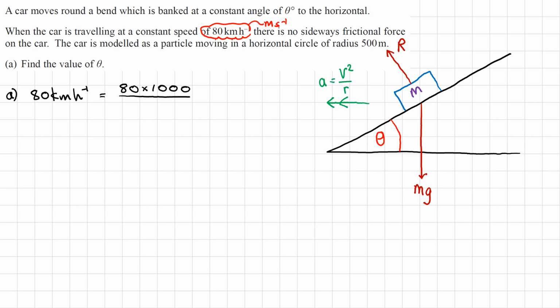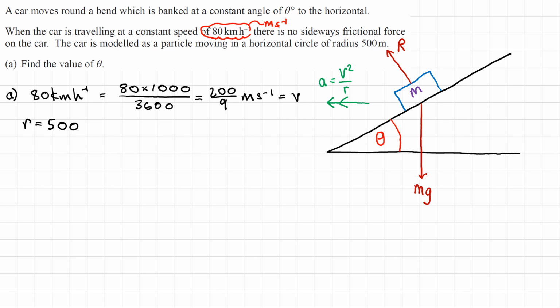I want to know how many meters in a second. So I need to divide by 3,600. And that gives me 200 over 9. I'm not going to round it because I'll need to use this in subsequent working. So 200 over 9 meters per second. So that's going to be my value of v. r is going to be the radius of the circle. That's already given in meters, so r is 500.